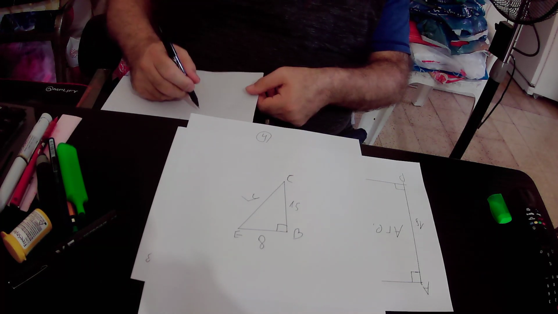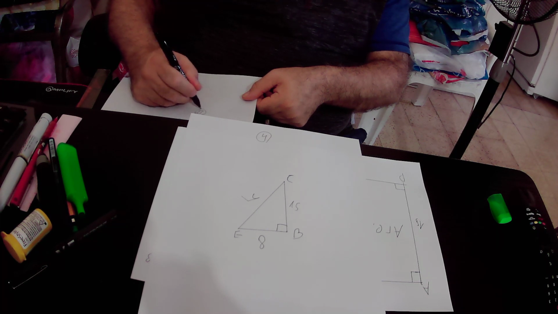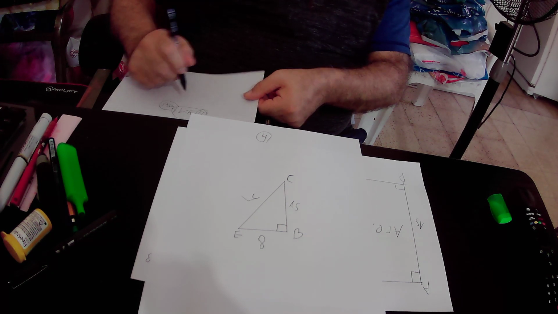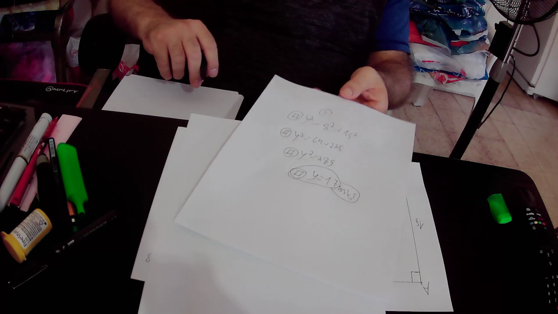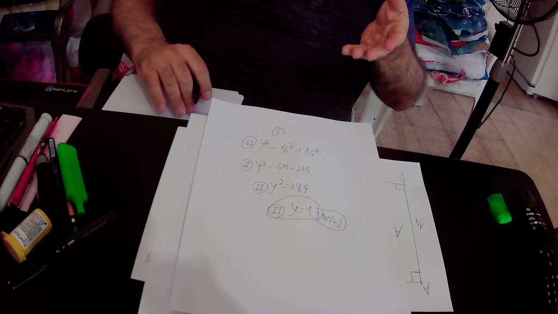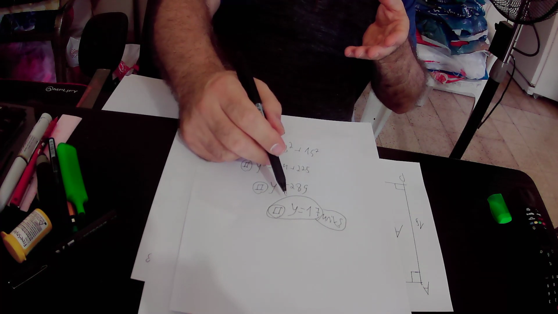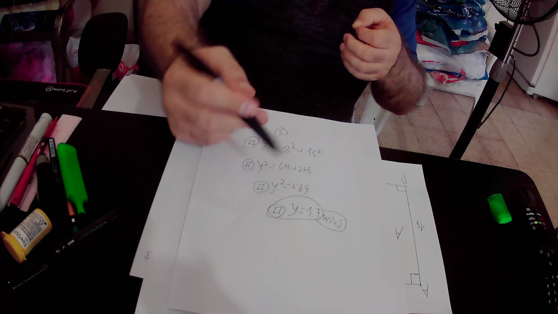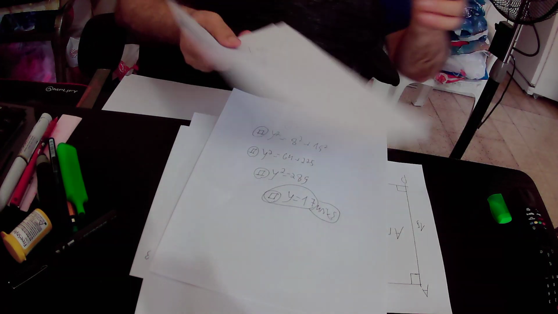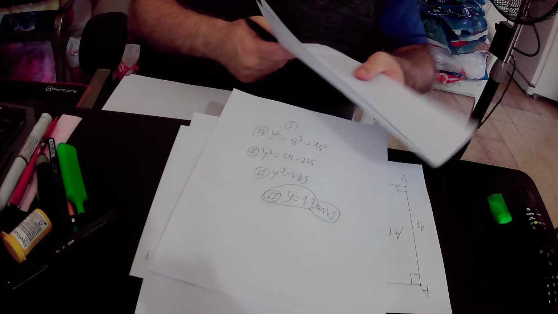We will get that y equals 17 units. The square root of 289 is 17, so y equals 17 units, and we have already found that x equals 12 units.